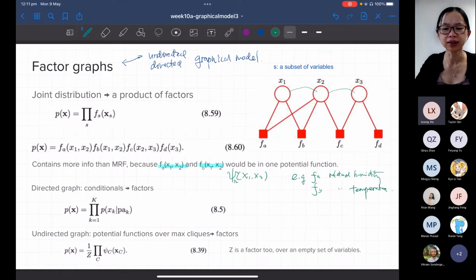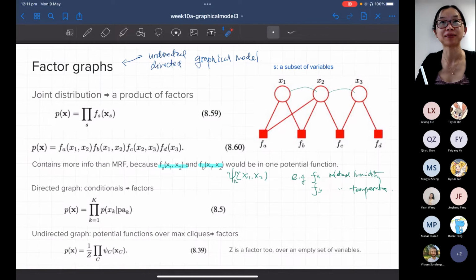All right, so how does this relate to directed graphs? We can see that if we have a factorization in the Bayes net, we can trivially convert it to a factor graph by having a factor for every node and all of its parents.